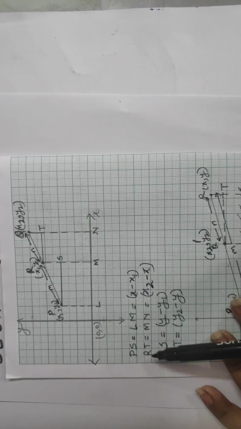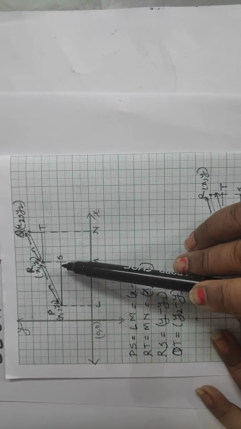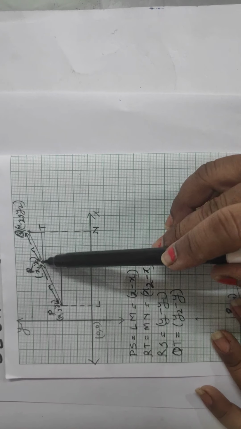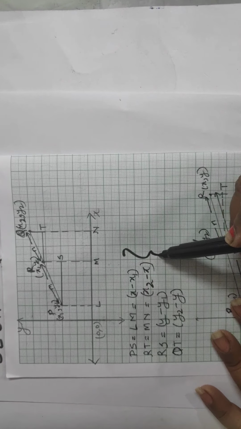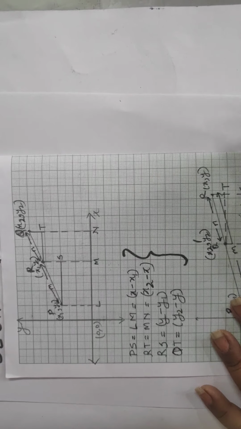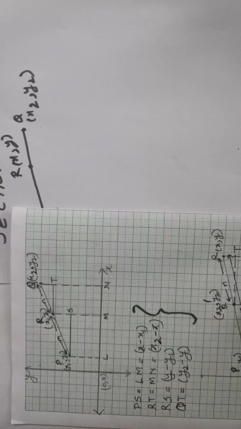Now we have found the values of PS, RS, RT and QT. Now we are going to use these two triangles to find the section formula.